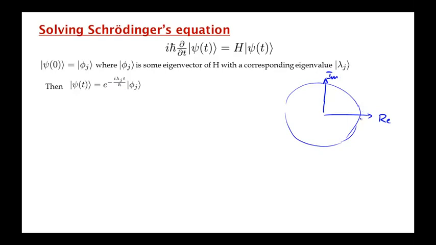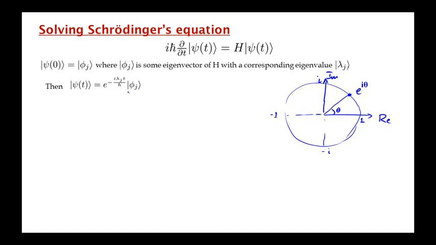This is 1, this is i, this is -1, this is -i. And if you look at a number here at angle θ, then it's e to the iθ. All right, so that's as far as this phase is concerned.